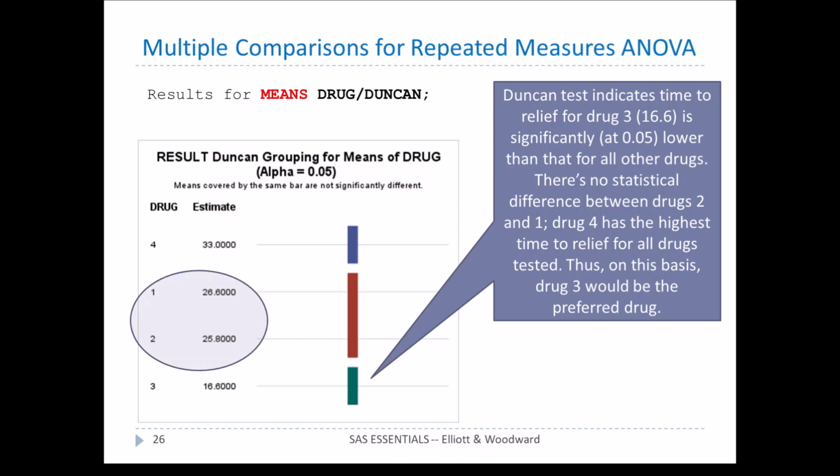And then the bars are separating the groups according to whether or not they are statistically significantly different, or if they're not different. In this case, drug 4 is significantly higher at 33 than the rest. Drugs 1 and 2 are not different at 26 and 25, and drug 3 is significantly less at 16.6.